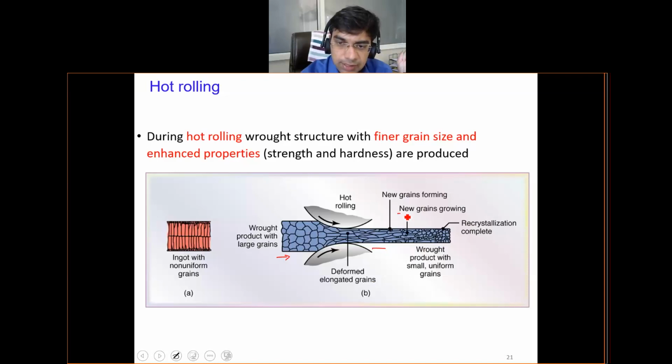You can observe that in the reduced thickness the grain size reduces to a good extent compared to the original grain size. This reduction in grain size provides enhanced properties in the form of strength and hardness, so strength and hardness will increase for the material when subjected to hot rolling.